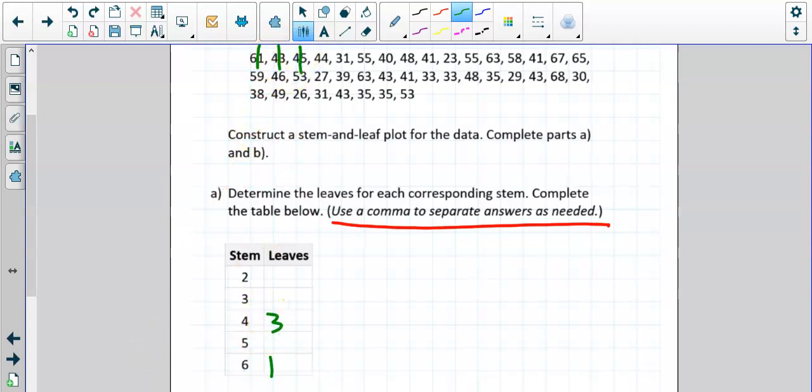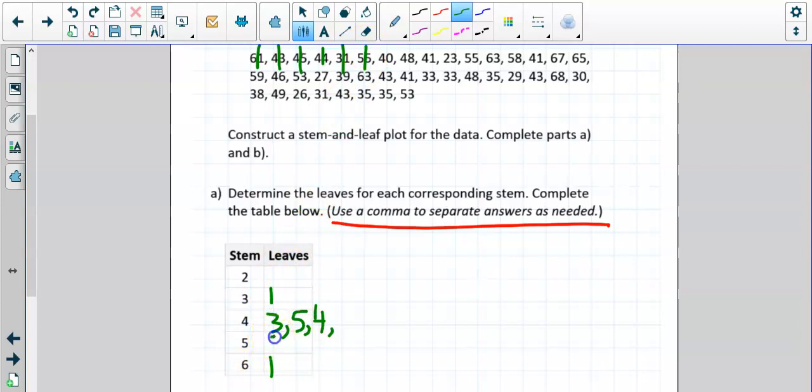And then I have a 5 at the 4. And again, directions say put commas, but in a real stem and leaf, you do not put commas. It's all about the spacing and the alignment of your answers. So again, over here, we've got a 4. Again, they're asking us to put commas. That's bad form. We really don't do that. It's all about the alignment. So there's a 1 on the 3.